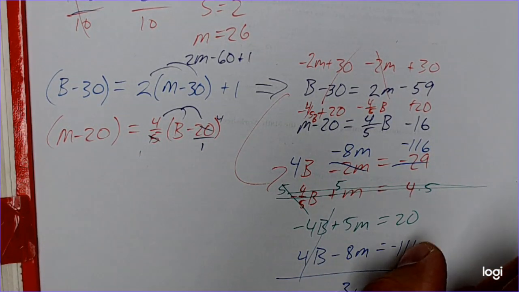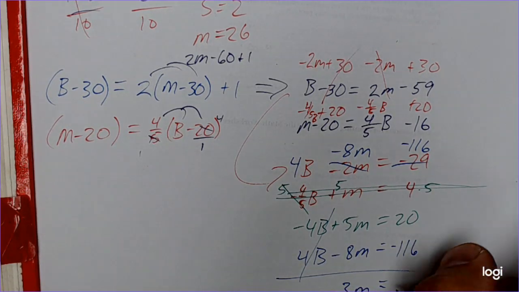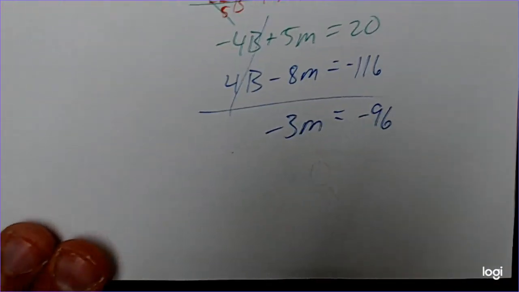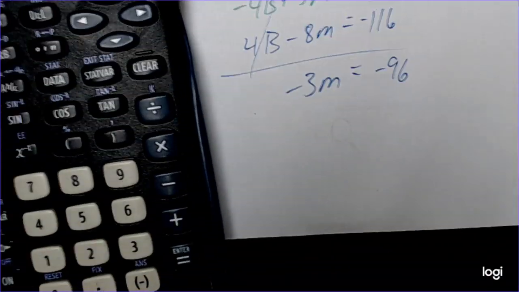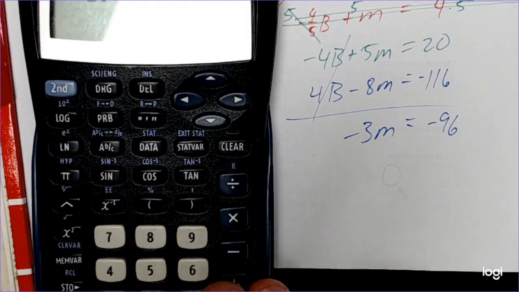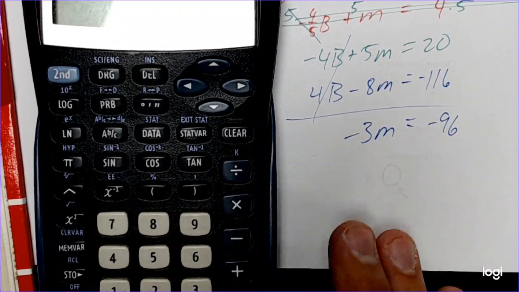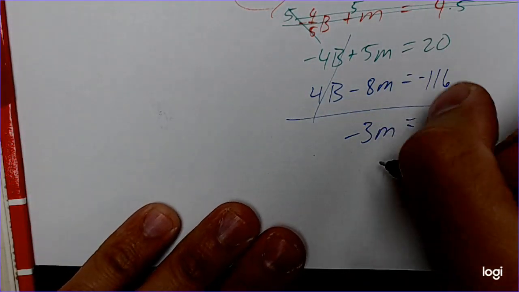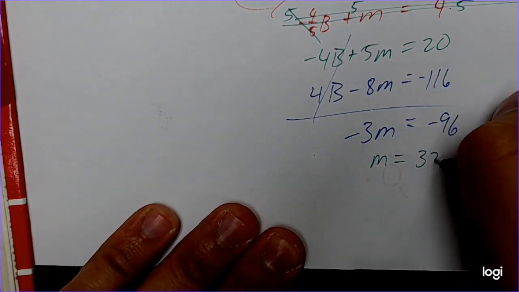That gives me negative 3m, and that gives me negative 96. So negative 3m equals negative 96. I think I've got the answer in my head. That should be 32. Let's just find out. Negative 96 divided by negative 3, 32. Okay, great. m equals positive 32.